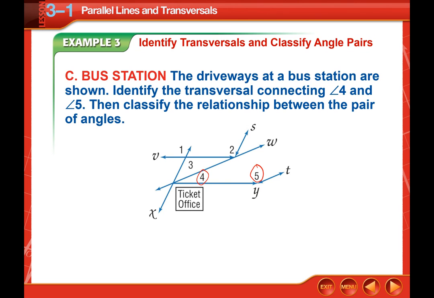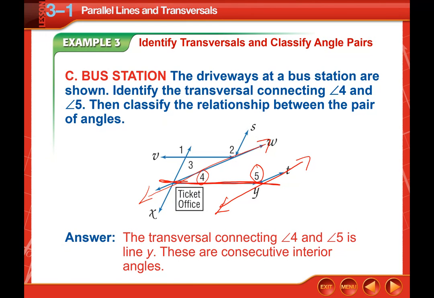The transversal that is cutting both of these, we have this line and this line being cut by transversal here, transversal Y. They are interior. They're on the same side. So we have line Y as the transversal, and these are consecutive interior angles.